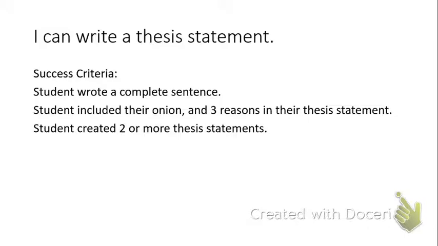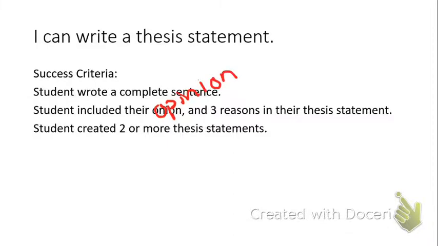So your learning target is I can write a thesis statement, and your success criteria, the things we want you to be able to do by the end of this video, are that you wrote a complete sentence. One sentence, it's complete, okay? And then you included your opinion. Wow, your teacher cannot spell opinion. There we go. I typed too fast, sorry.